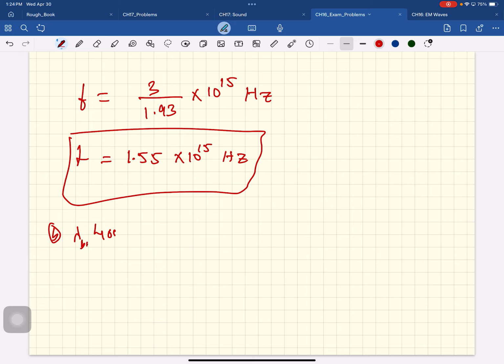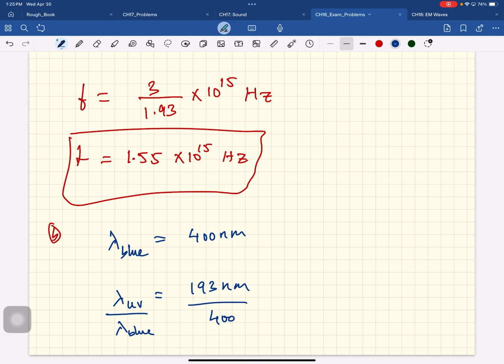The UV light being used is 193 nanometers. So it's twice as accurate. You can cut half the area of blue light. All right, good.